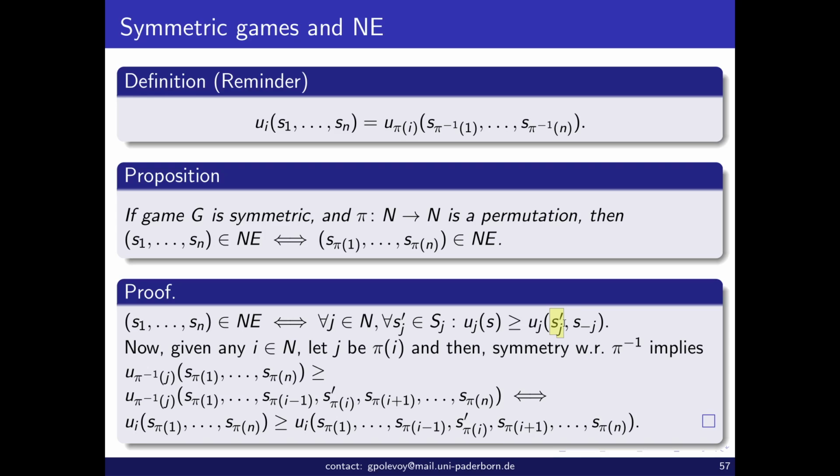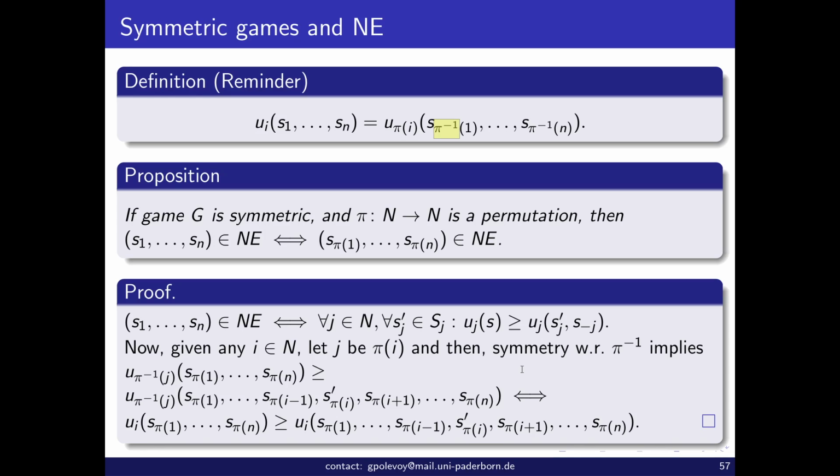Now we apply P-1, and since it has to be -1 in the definition, we just apply P. Now, not on j. We apply P on everything.